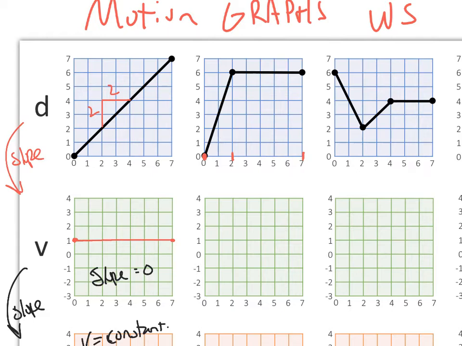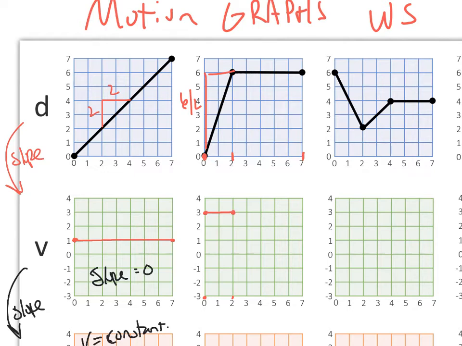This one looks like we have a rise of 6 and a run of 2. So 6 over 2 gives me a slope of 3. So on my velocity graph, from time 0 to time 2, I'm going to plot a positive 3, going from the beginning of that interval, right here, to the end of that interval, right there.